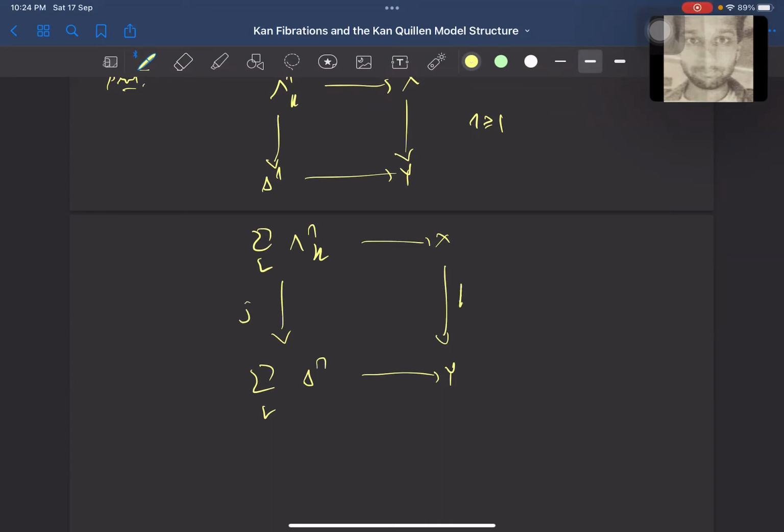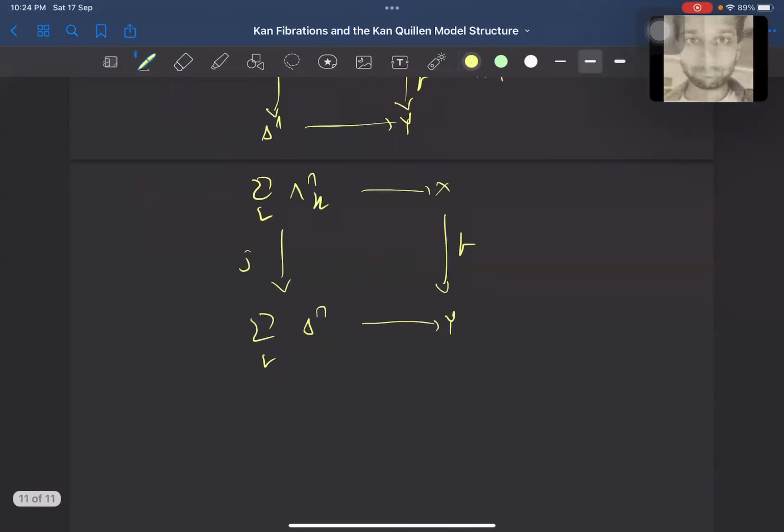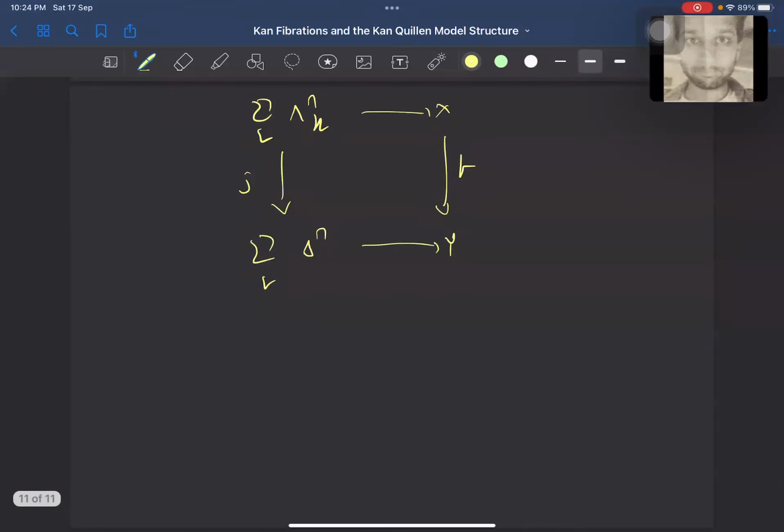So we have this map. Now this is an anodyne extension, an anodyne map, using the definition that we had.